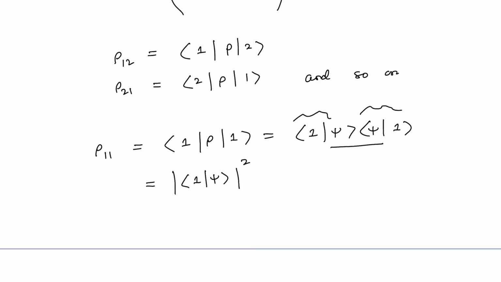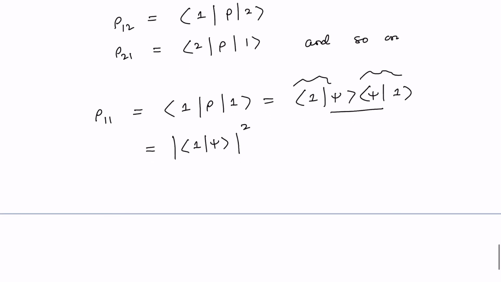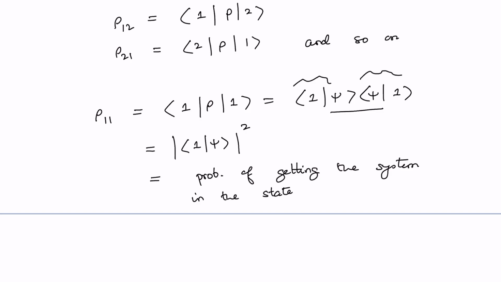So this is nothing but a probability. Rho 11 represents the probability of getting the system, which was in an arbitrary state psi, in the state ket 1, right? This is what you have.